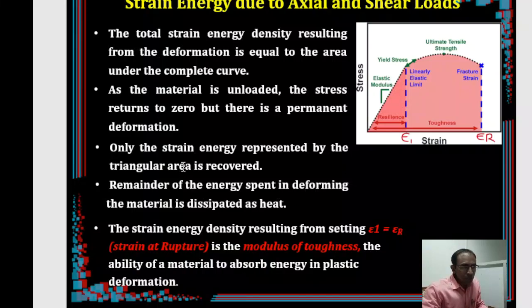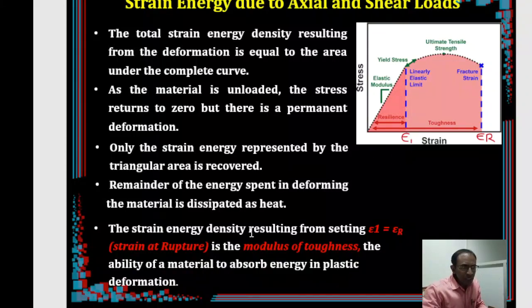Now the strain energy we are strictly calling is in terms of this particular area only. So you can just take the area of only this part: half times sigma times epsilon 1. That is what we are referring to as strain energy.